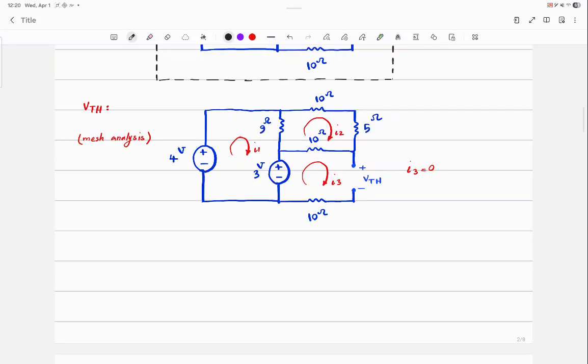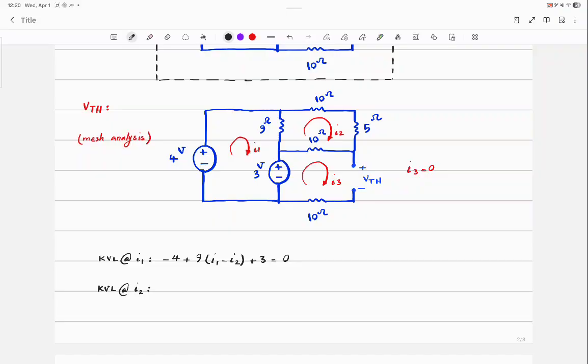Okay, so let's write KVL at I1. So I will get negative 4 plus 9 times (I1 minus I2) plus 3 equal to 0. Then KVL at I2.